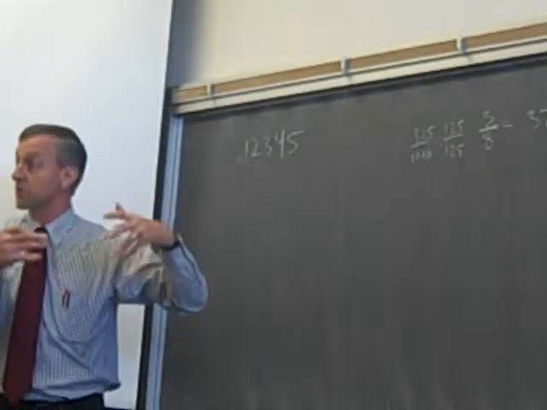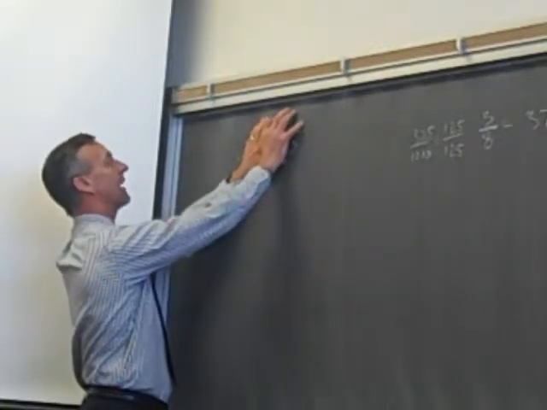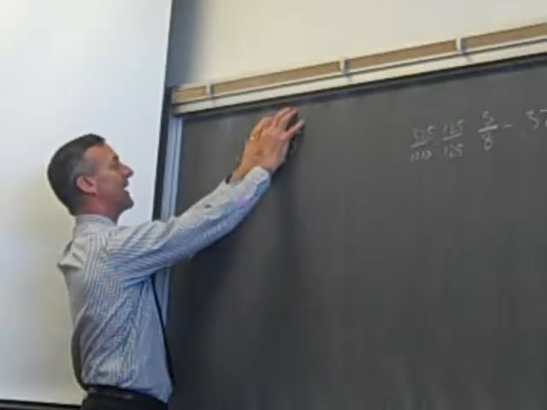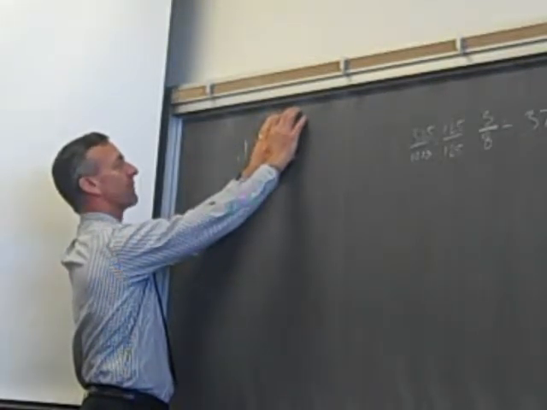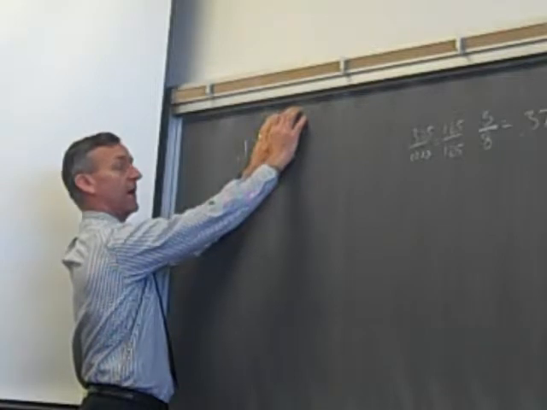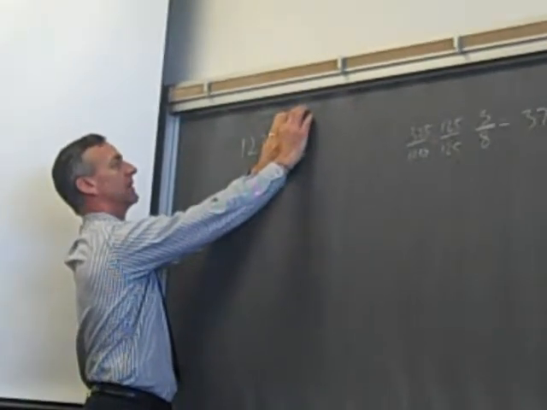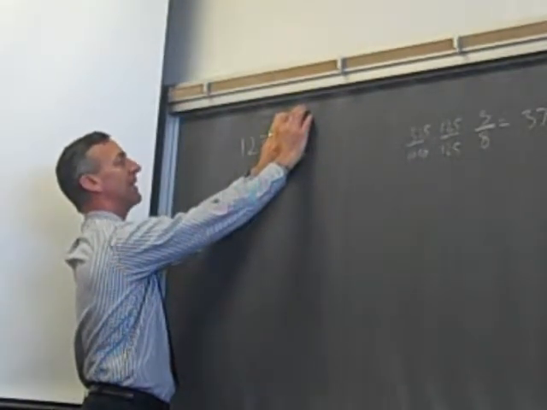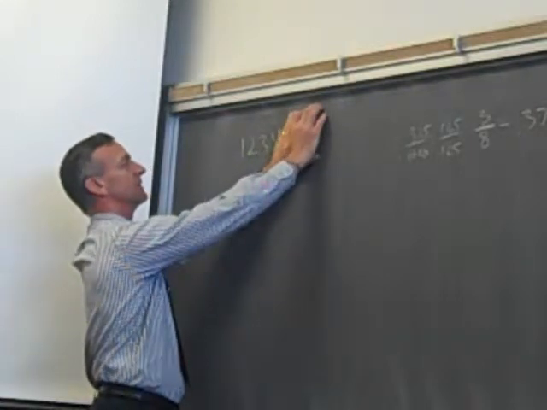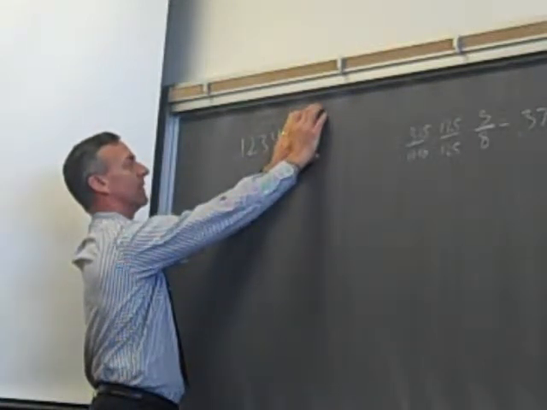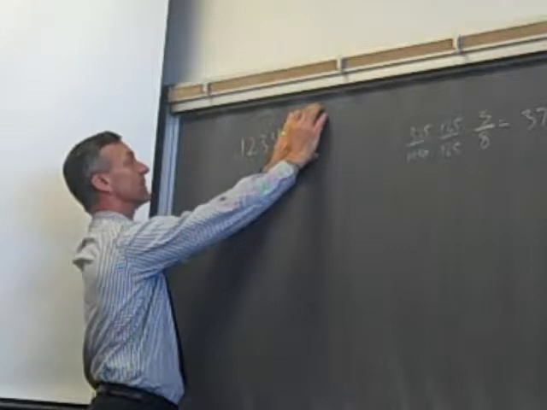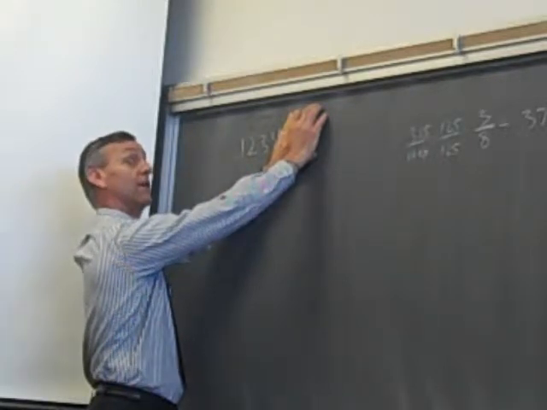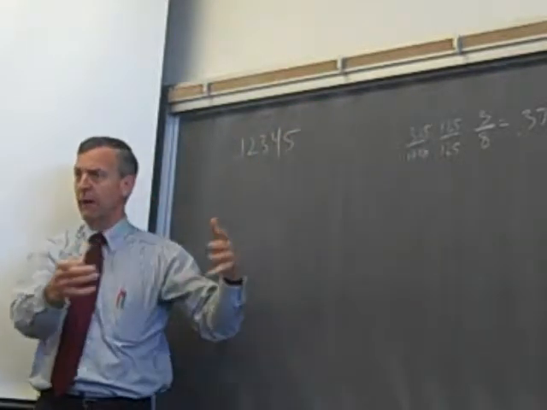What did your teacher tell you to pronounce, or how to say that? 1/10. What's that? 12 hundredths. That's 123 thousandths. That's 1,234 ten thousandths, and so on, right?